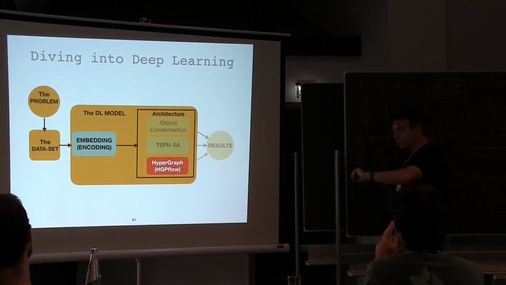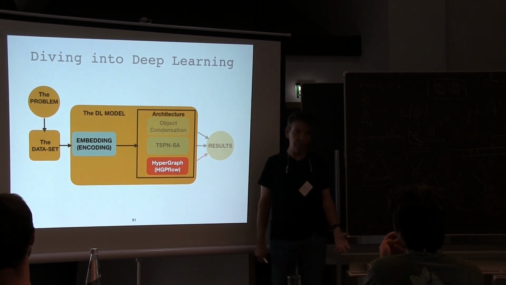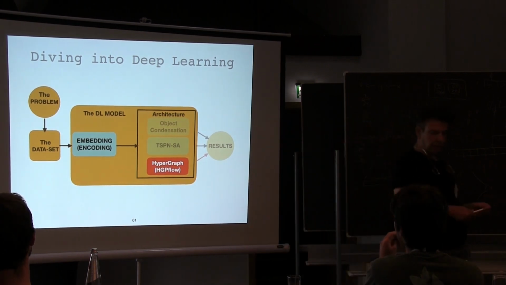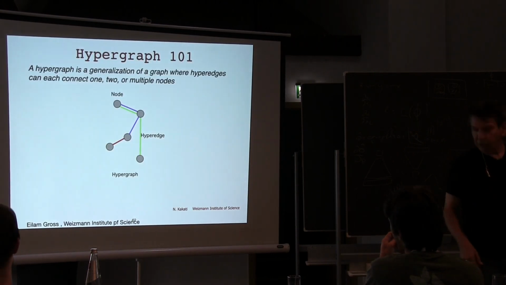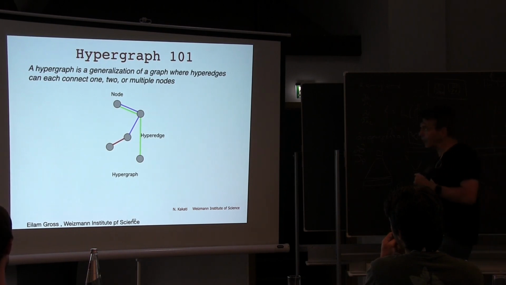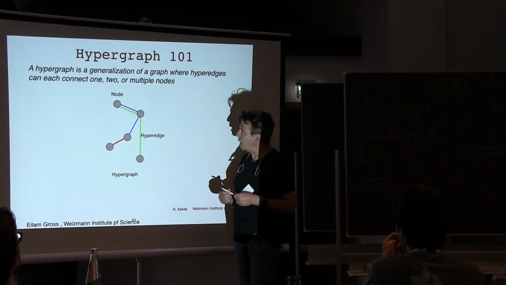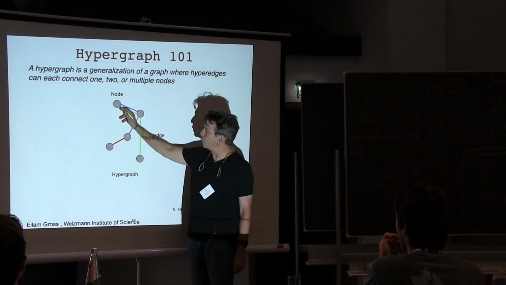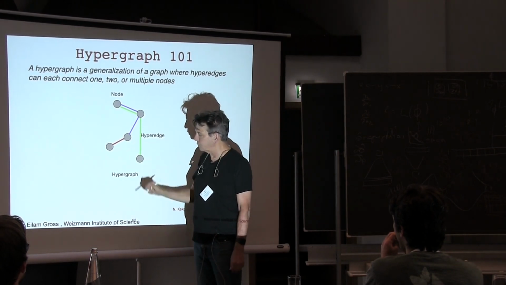Okay, now the main thing I wanted to talk about, which is new to you, I want to introduce to you, is hypergraphs. Nobody talked about hypergraphs, right? Okay. Hypergraph is a generalization of the graph. In a graph, an edge could be connected only between 2 nodes, each edge between 2 nodes.